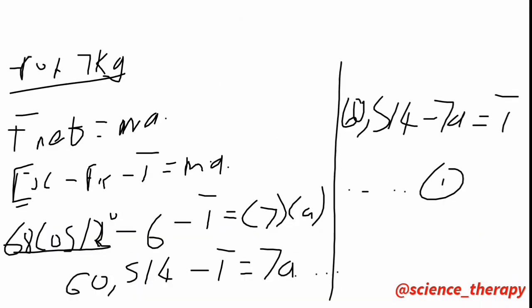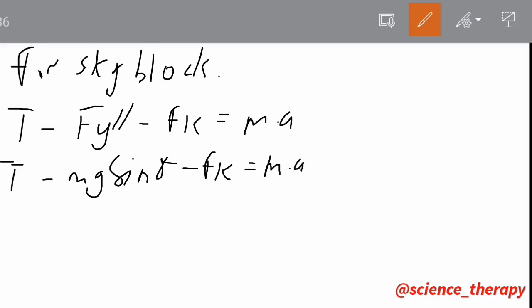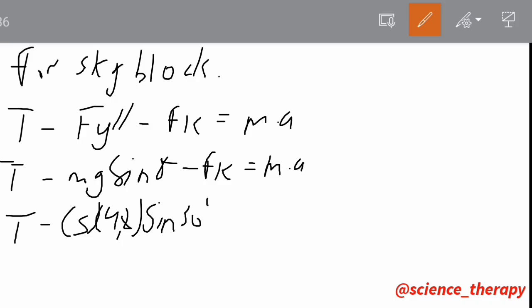Now let's continue. We have T. Then remember our FG parallel is mg sine theta minus the Fk is equal to ma. At this point we can just substitute our values. The mass is 5 times 9.8, and then we have sine 30 degrees minus the Fk. Remember, we calculated the Fk in the previous question.